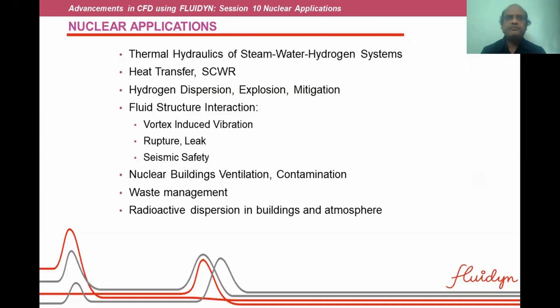So we have worked extensively on thermal hydraulics or steam water hydrogen systems, hydrogen dispersion, explosion, and mitigation, nuclear buildings, ventilation, waste management. That is another aspect, about which we will see one example. And radioactive dispersion in buildings and in the surrounding atmosphere.